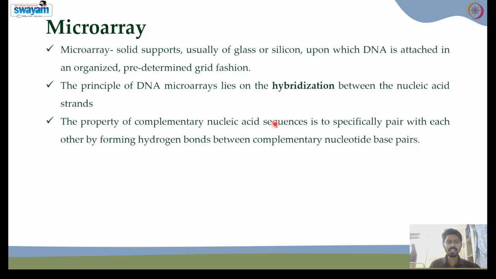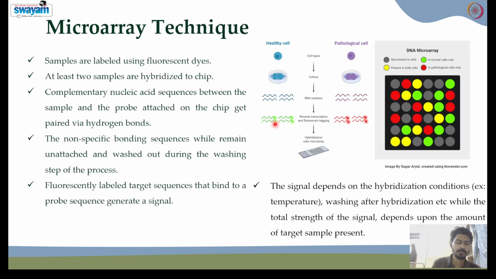What happens? There is a hybridization between the nucleic acid strands. So if we see the microarray technique, the main important criterion is you have to label the samples using fluorescent dyes. The fluorescent dyes can be green fluorescence, red fluorescence. There are different types of dyes prevalent that stain the samples.